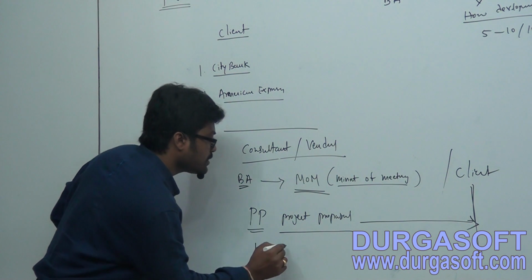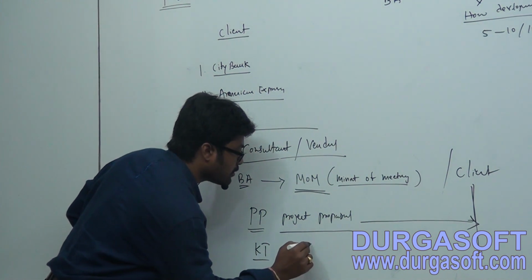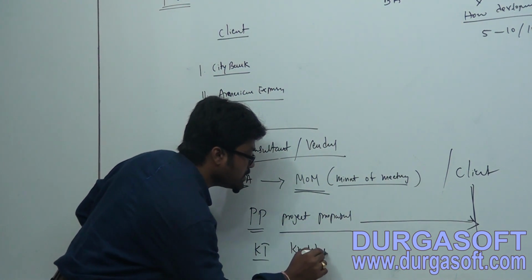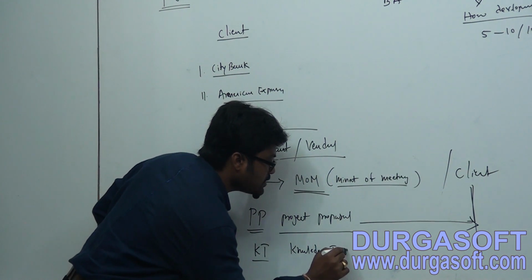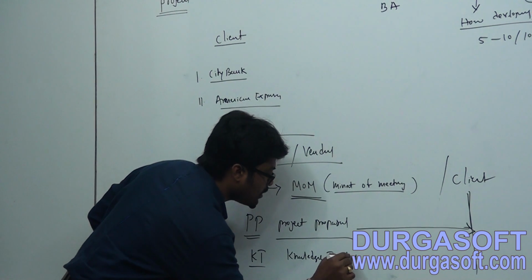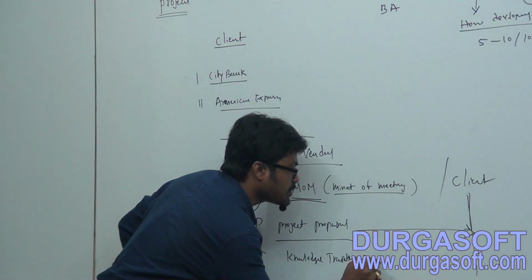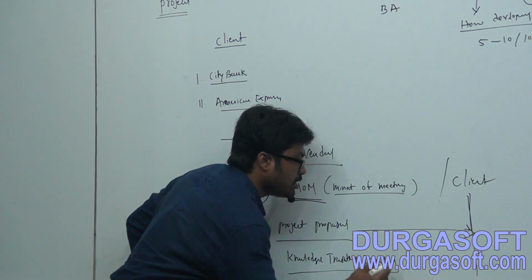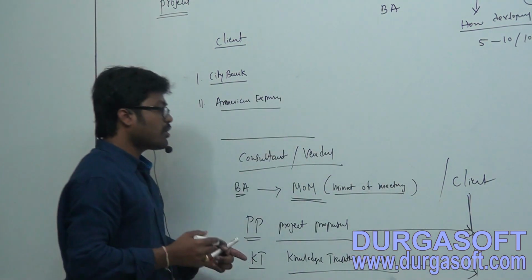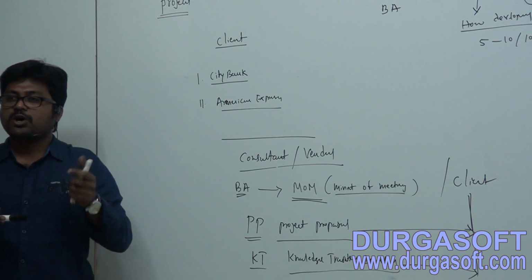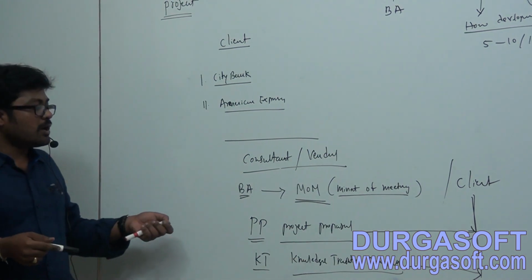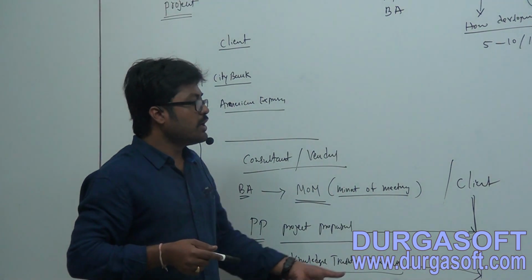KT, knowledge transition document. We need to prepare that document and send it. To send this document they may give 1 week if it is a small project. After preparing your knowledge transition document, you need to send it to the client.